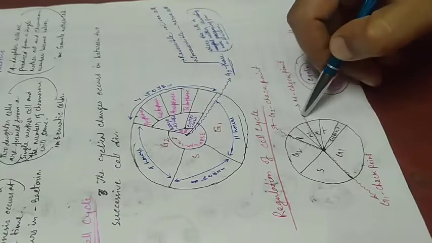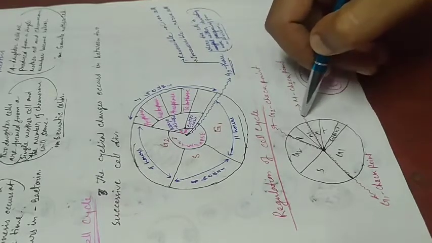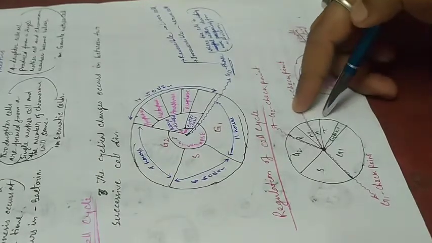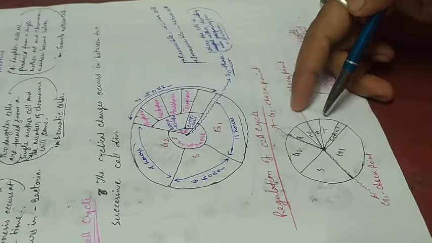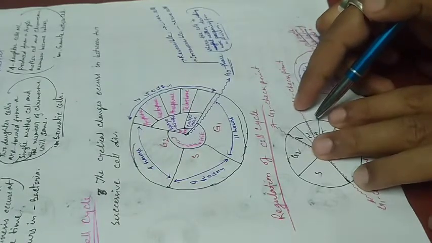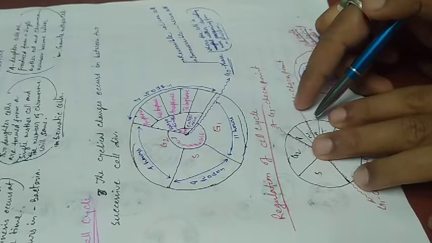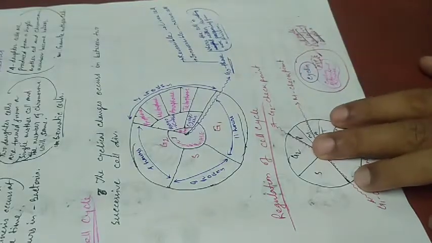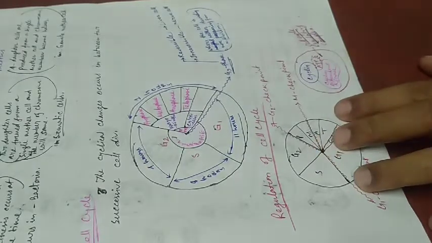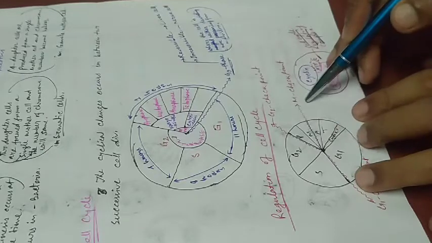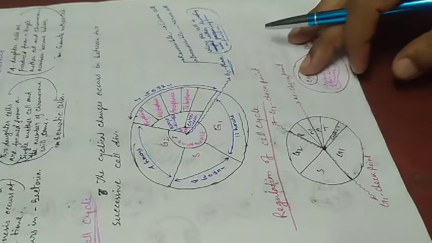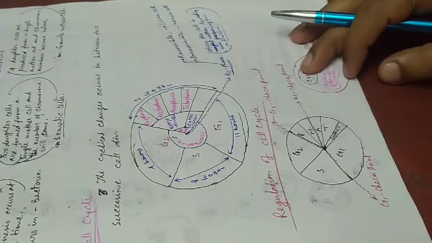It confirms two steps. First, the arrangement of all the chromosomes inside a cell in the equatorial plane, and second, the spindle fibers properly attached with the centromere of each chromosome. If this occurs, then the ATP will break down and the M cyclin and CDK get separated. Then the CDK protein also attaches with the G1 cyclin in the next cycle, and it goes on. Okay, so this is the regulation of the cell cycle.